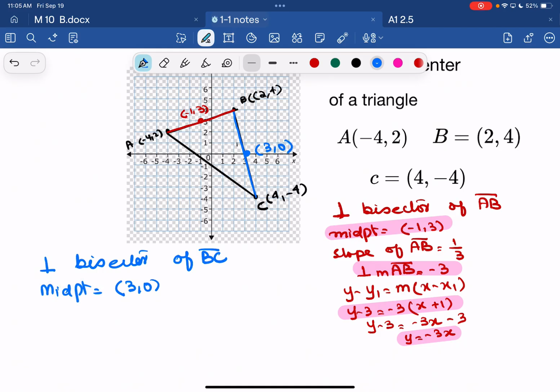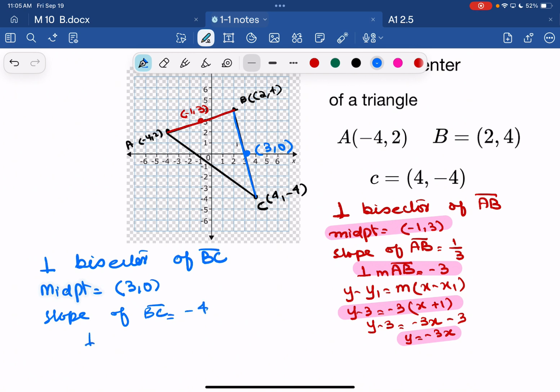Once we have the midpoint at 3, 0, next we find the slope. Arisha, give me the slope of BC. Go ahead. Slope of BC is negative 4.